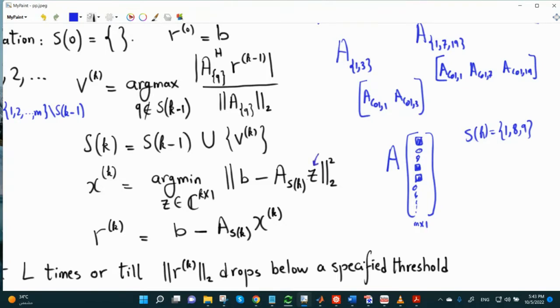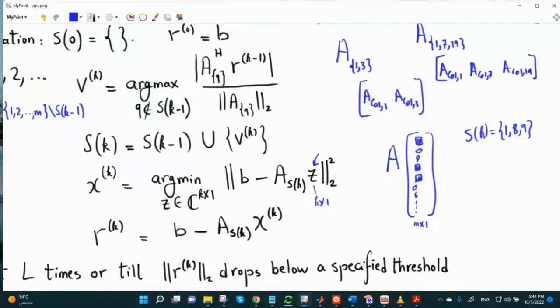And we want to find this vector of coefficients z, which is of size k by 1, because the set S of k starts out empty. After the first iteration, your set S contains one index, then when k is 2, you have 2, and so on. So in the kth iteration, this vector is of size k by 1.